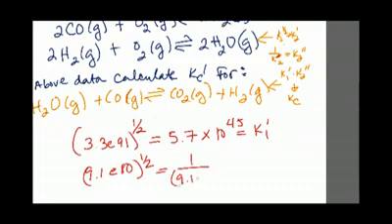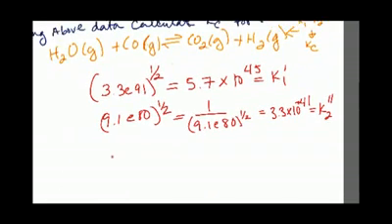When you do that in your calculator, you get 3.3 times 10 to the negative 41. And that's your K double prime for 2.